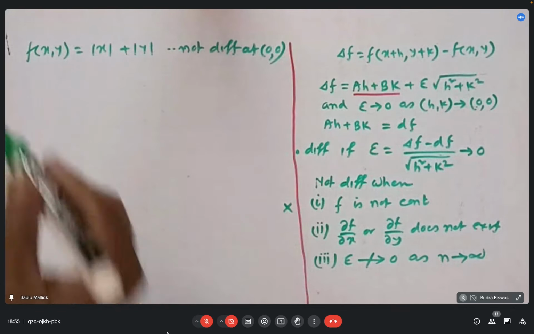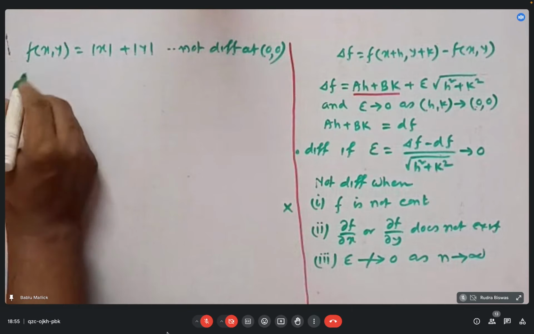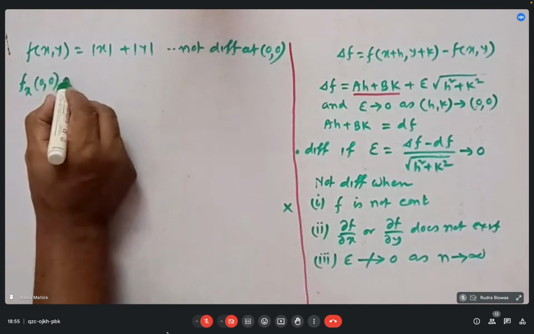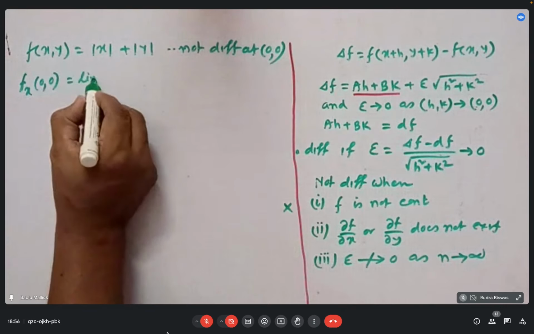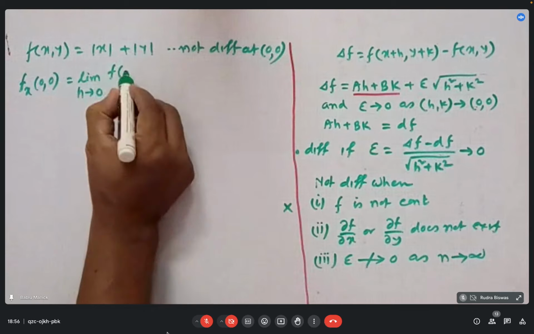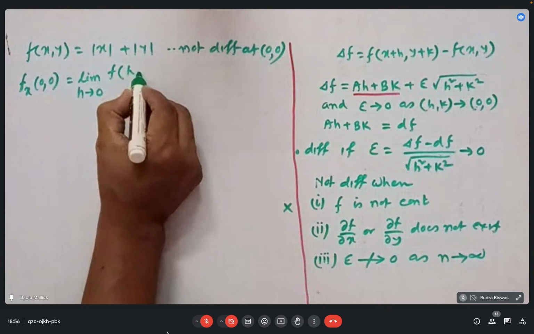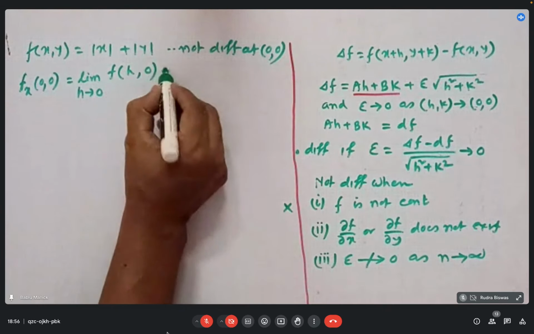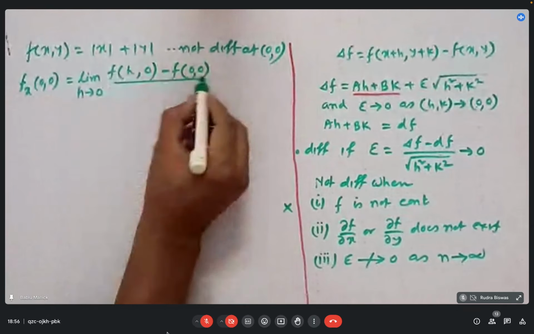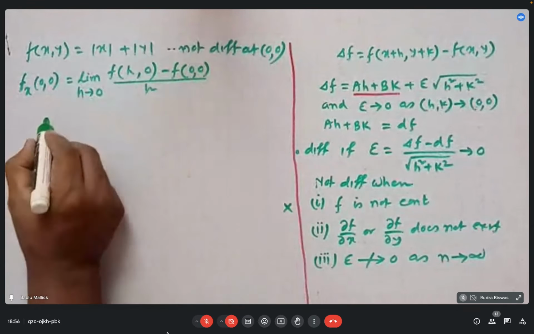Write f_x at 0 0, this is limit h tends to 0, f of 0 plus h comma 0 minus f of 0 0 divided by h.